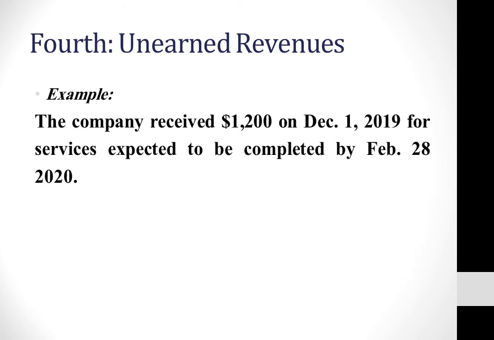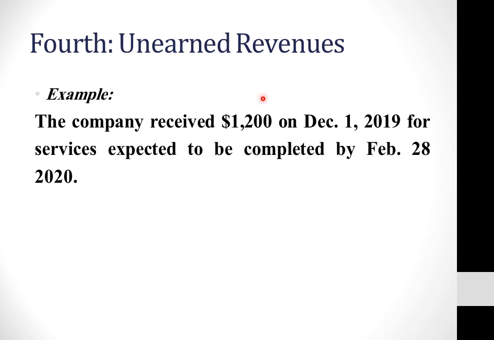Another case is the case of unearned revenues. Unearned revenues are revenues received in advance. In advance here means before you deliver the complete service to the customer. As an example, the company received 1,200 on December 1, 2019 for services expected to be completed by February 28, 2020.